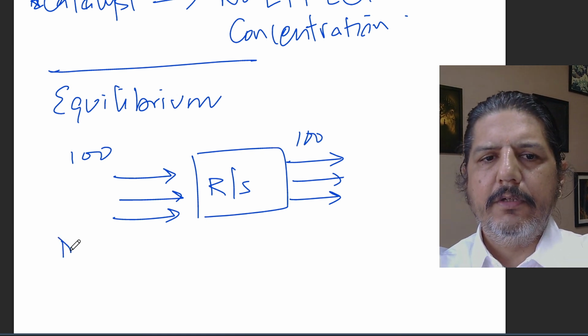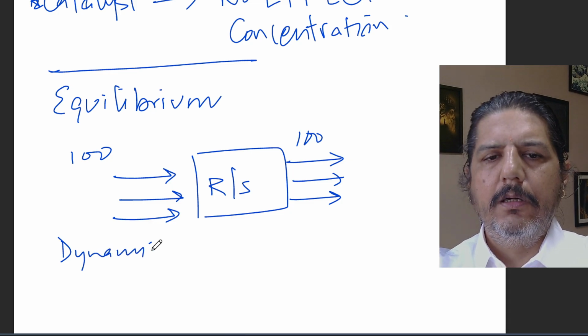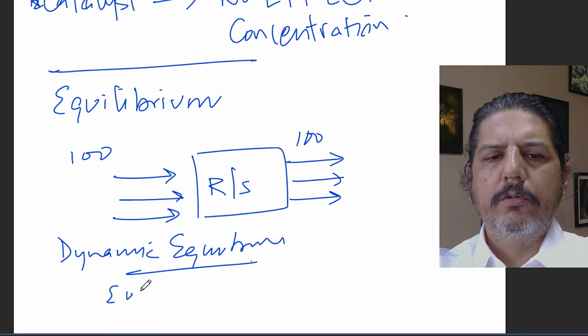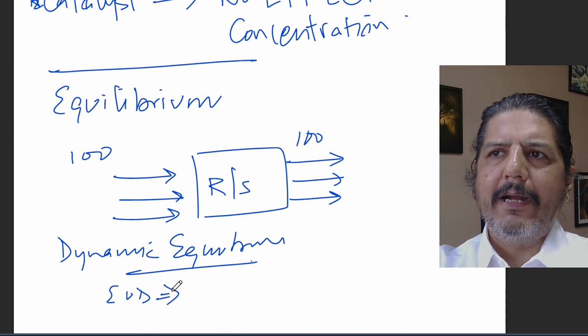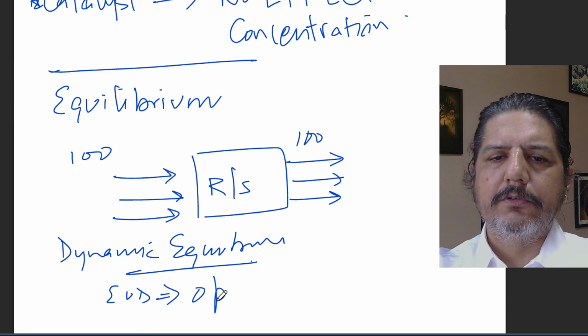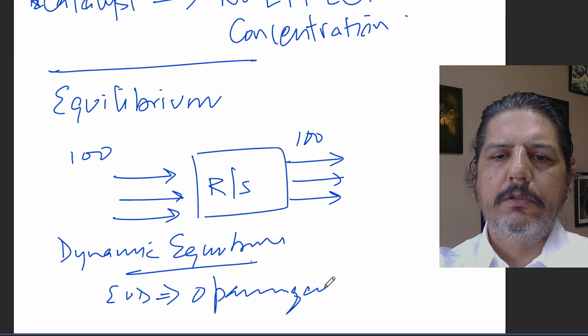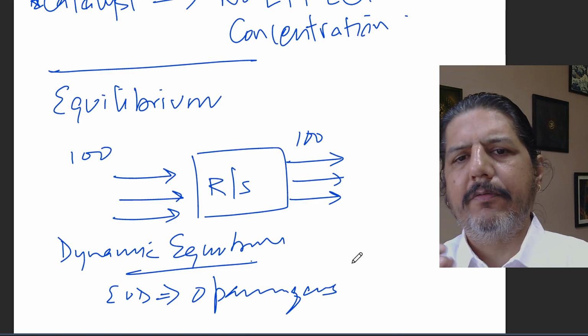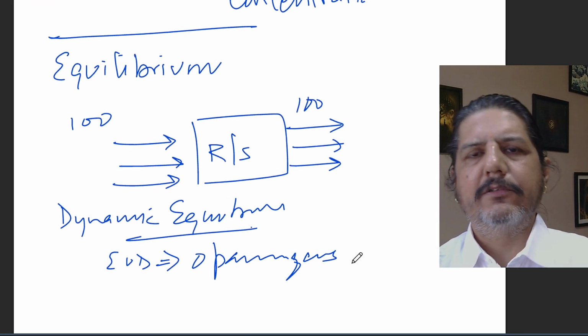So, this is a sort of dynamic equilibrium. To make things simpler, at the end of the day you'll have 0 passengers stranded at the railway station. I'm just simplifying so that you understand the concept of equilibrium.